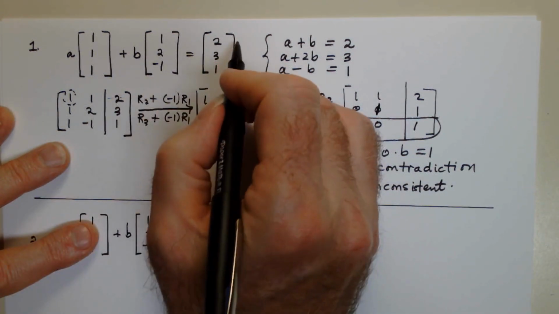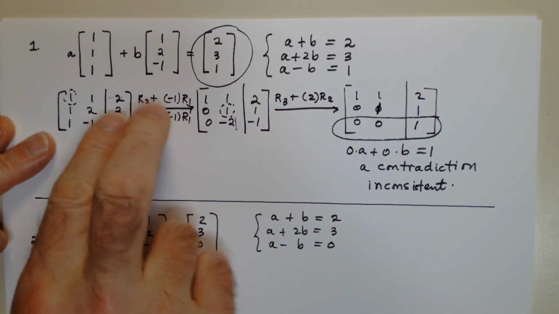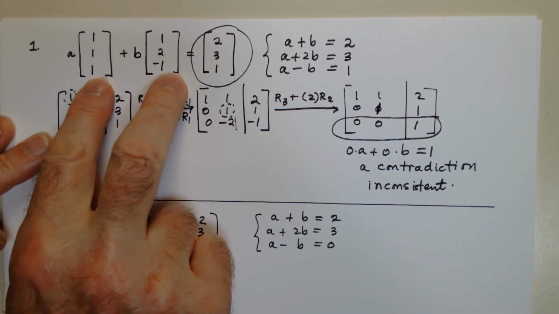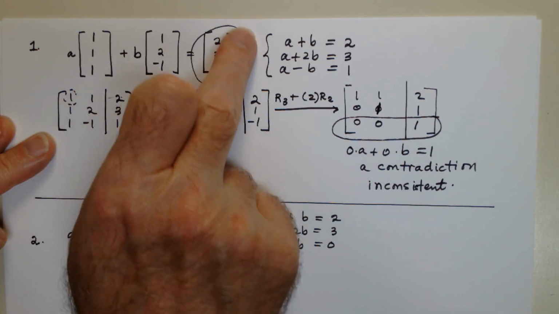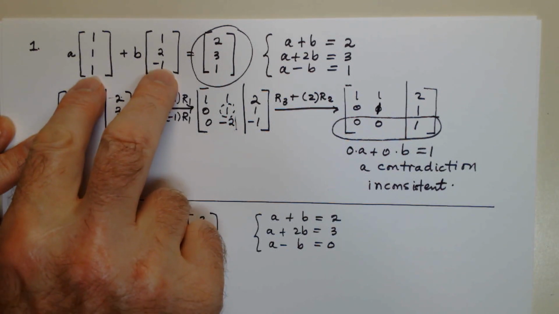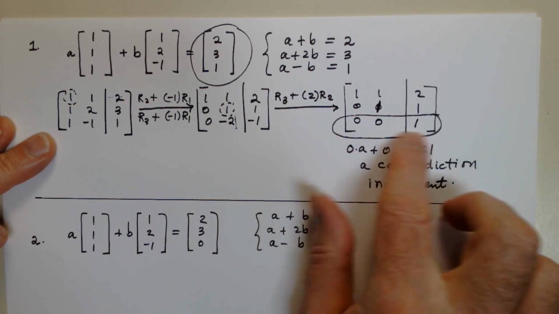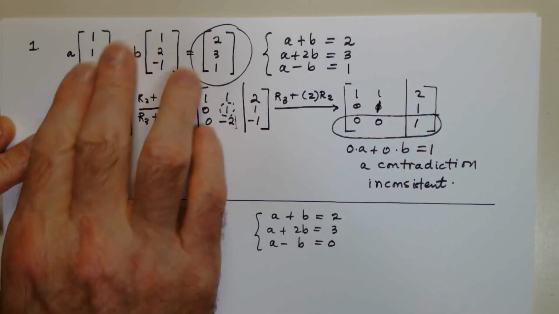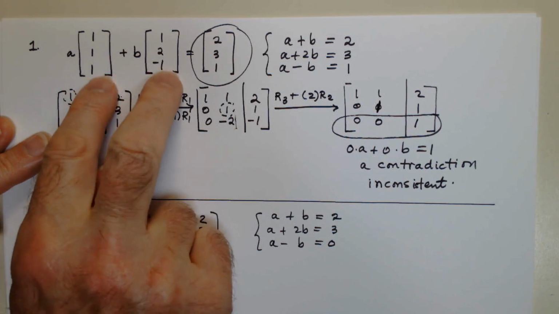So that means that this destination vector can't be reached by just using the vector 1, 1, 1 and the vector 1, 2, -1. There's more to this vector than just a simple combination of those two. So we can see the inconsistency here in the reduced echelon form, and that goes back to the original geometric problem and says you can't get there from here.